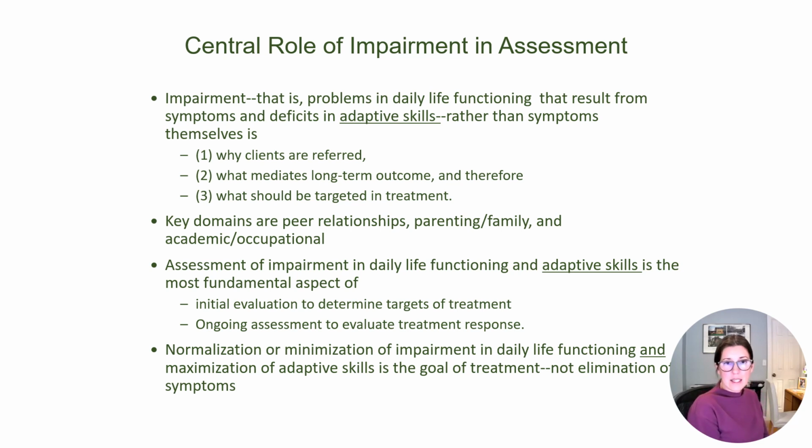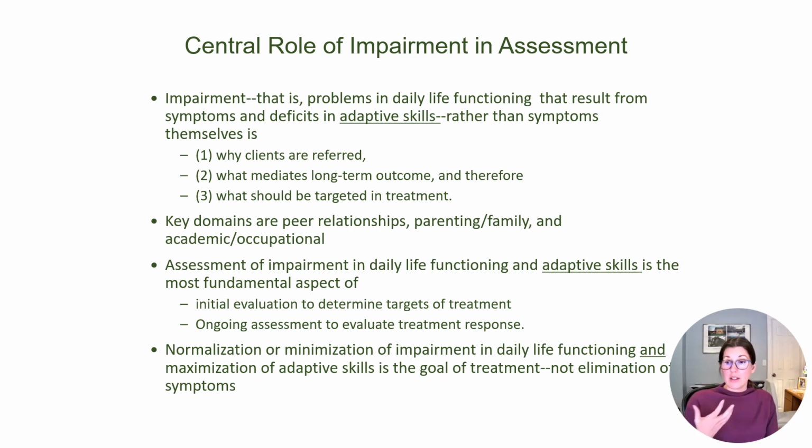And then lastly, what should be targeted in treatment? The key domains that are typically most affected for folks with ADHD are peer relationships, family and caregiver functioning, as well as academic or occupational functioning.